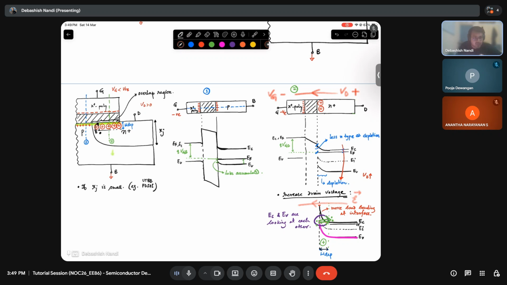Once this electron-hole pair generates, this is my excess electron and hole. This excess electron and hole will add up to excess current. This excess current will be part of the leakage current.